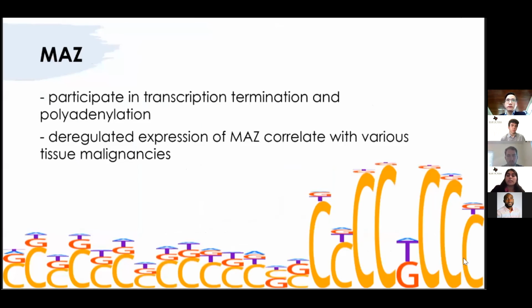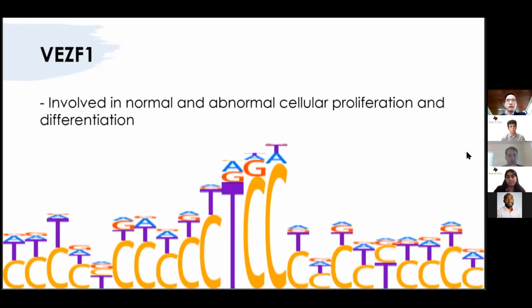The most common motif was MAZ, and MAZ participates in transcription termination and polyadenylation, which adds adenines at the end of RNA to stop transcription. Deregulated expression of MAZ is also reported to correlate with various tissue malignancies. The sequence right here is a sequence logo of MAZ, a graphical representation of the sequence conservation of the nucleotides found in this specific motif.